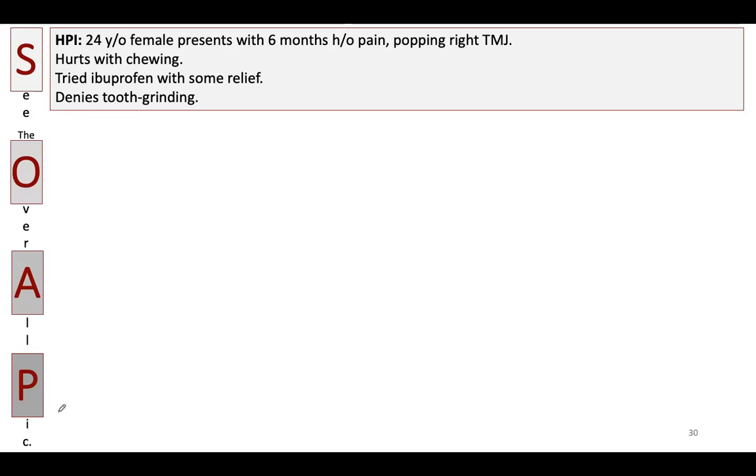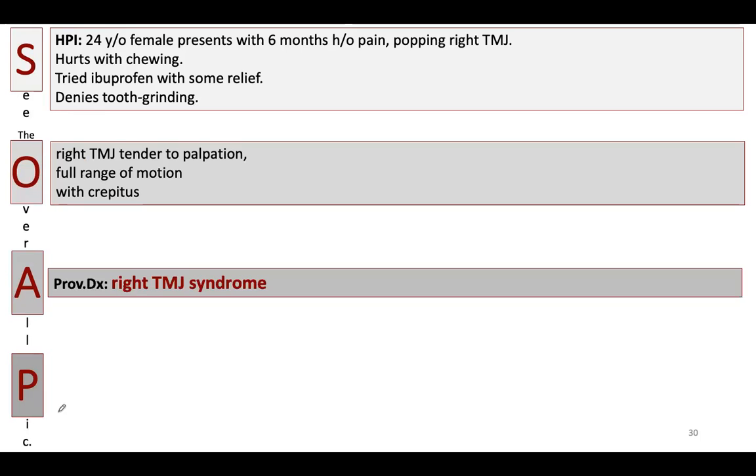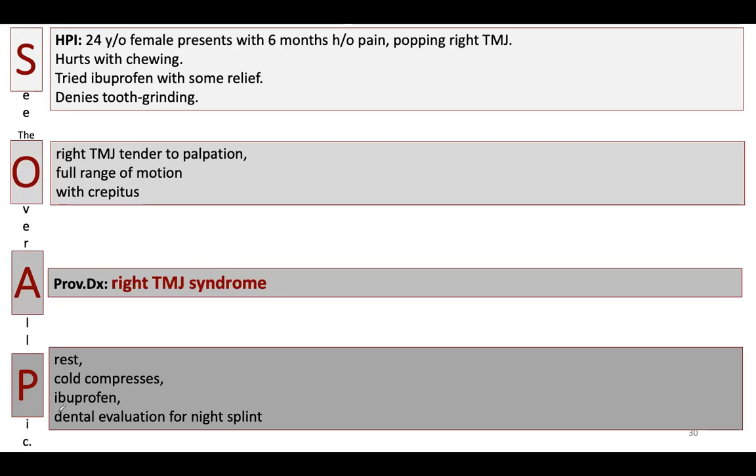It hurts with chewing, and she tried ibuprofen with some relief and denies tooth grinding. On examination, you find the right TMJ tender to palpation, but there is full range of motion and there is some crepitus. So the provisional diagnosis is right TMJ syndrome, and you might advise rest, cold compresses, ibuprofen, and maybe dental evaluation for a night splint.